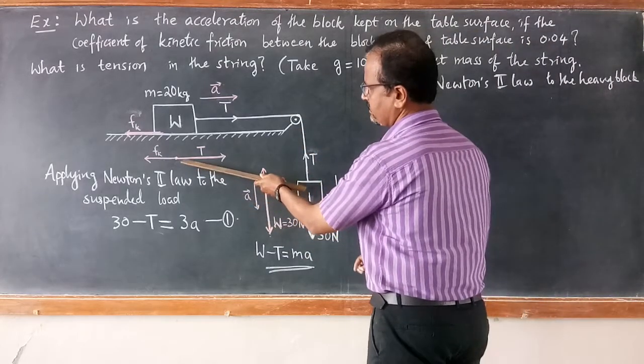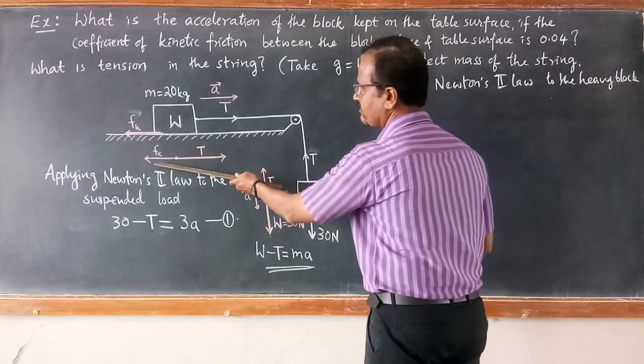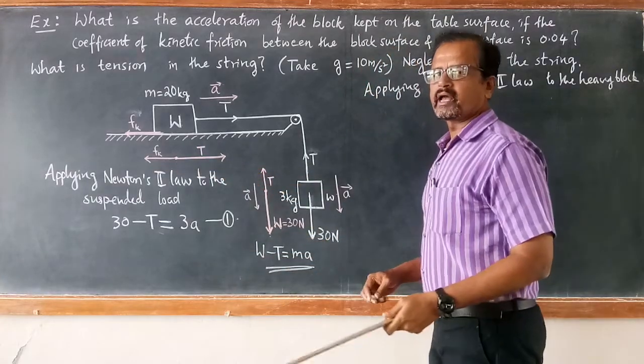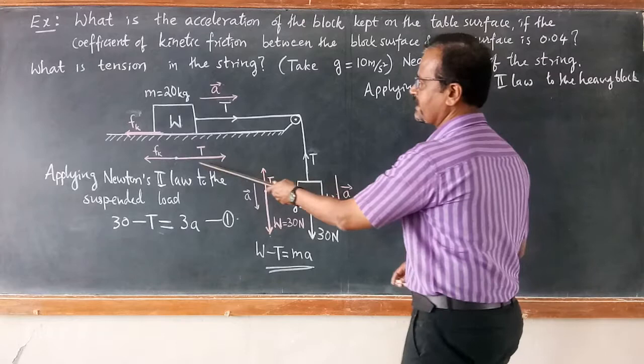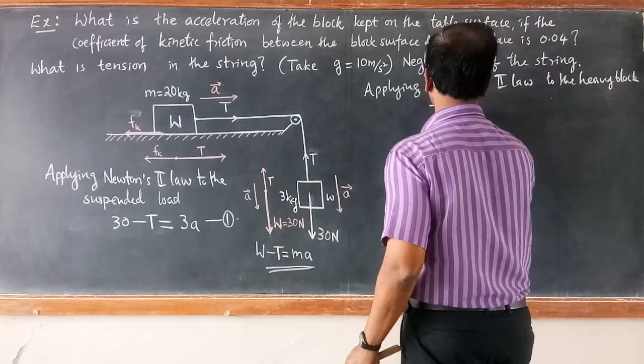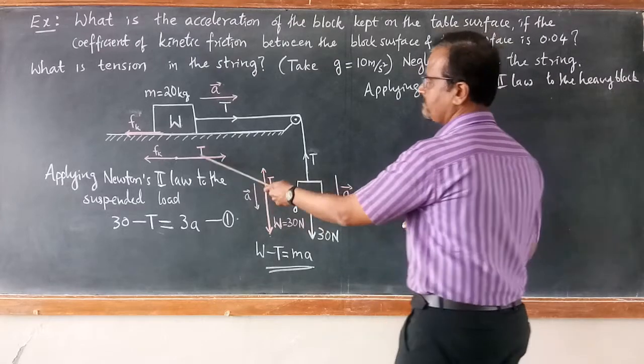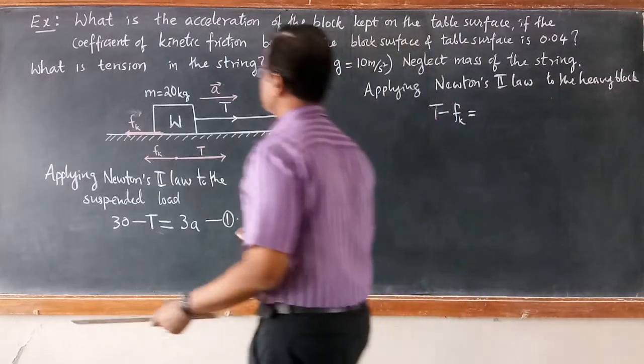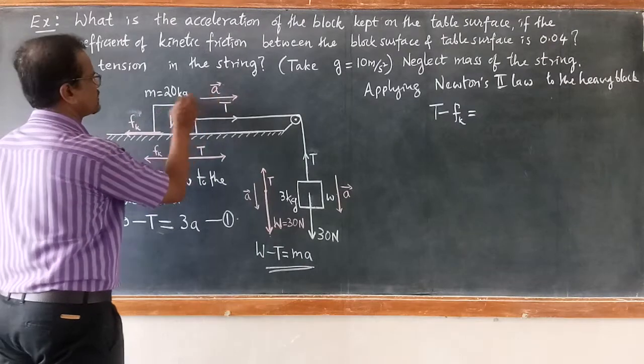You see here, the tension in the string must be greater than the force of kinetic friction. So T minus Fk must be equal to mass of the block into acceleration.